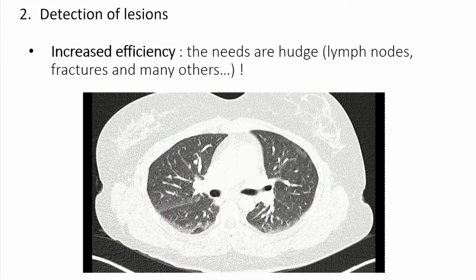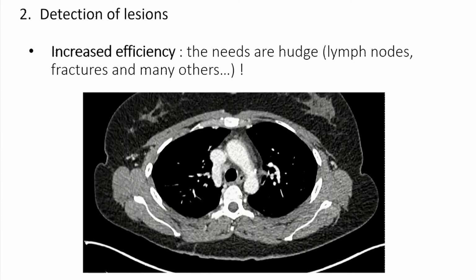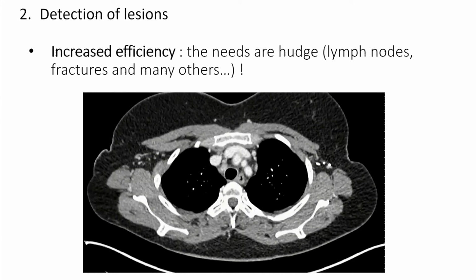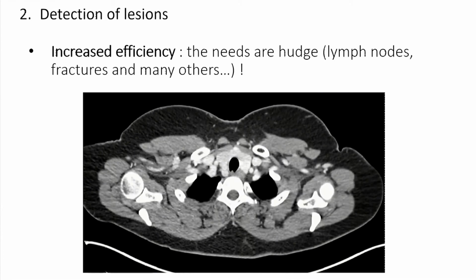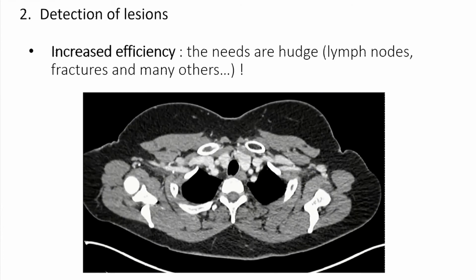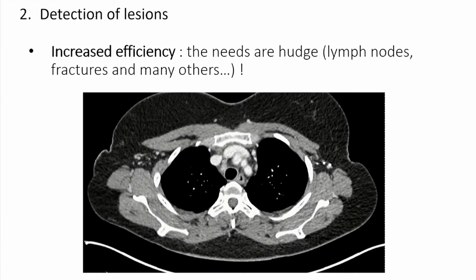We also have to find other lesions, such as lymph nodes. And for that, we have to go through the image and check all the lymph node areas of the whole body. So these are these round structures here. These are tumors. And it is very long to find all these lesions. And AI could, I think, soon help us to detect all the pathological lymph nodes in the body.